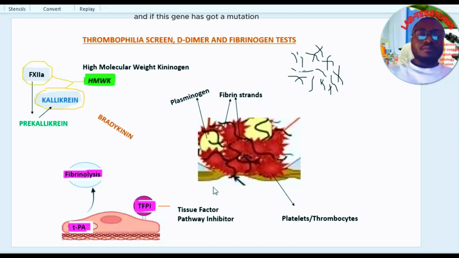And if this gene has a mutation, it means that the binding will be very loose or not available, which means that the immunoassay test is going to give very low results, and this is going to establish the quality of the beta chain subgroup that we have on the fibrinogen of the patient.